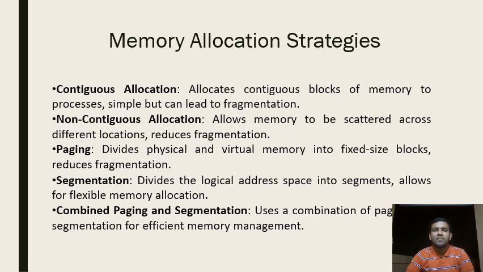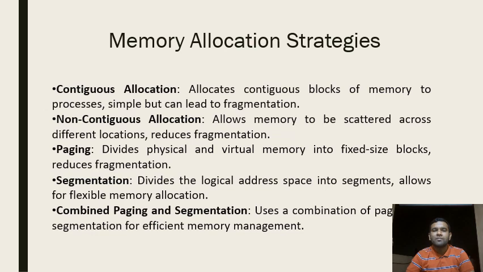The first one is contiguous allocation. This allocates contiguous blocks of memory to processes, which is simple but can lead to fragmentation. Non-contiguous allocation allows memory to be scattered across different locations. This reduces fragmentation. Paging divides physical and virtual memory into fixed size blocks.